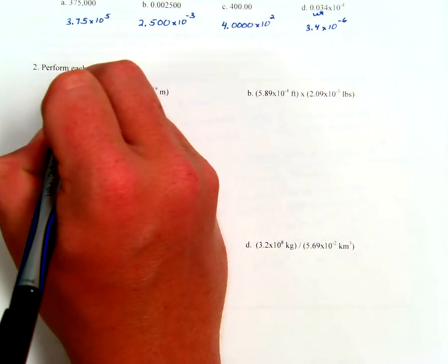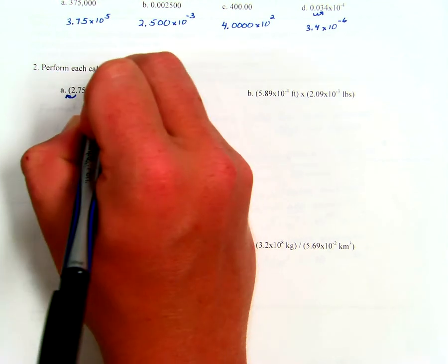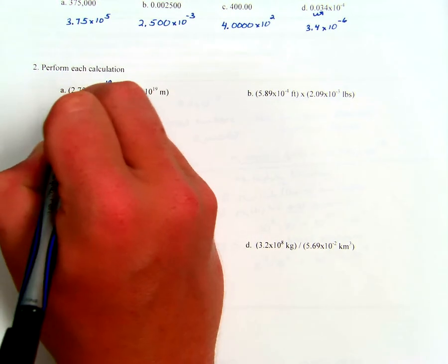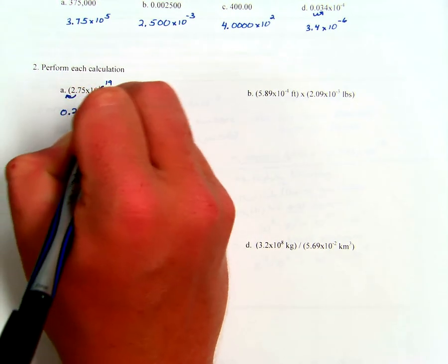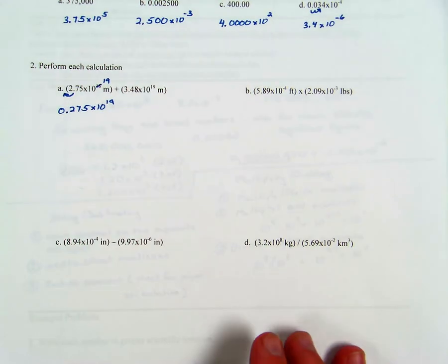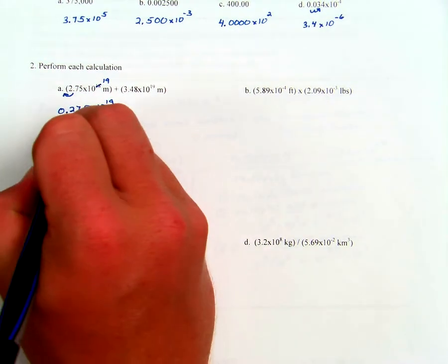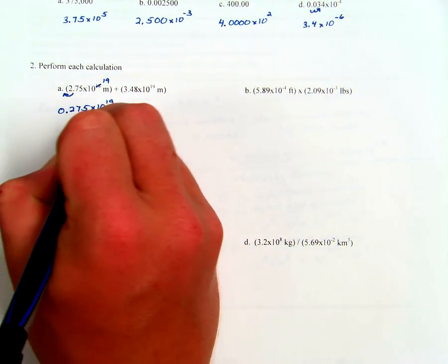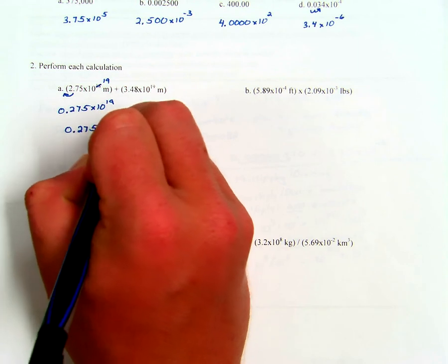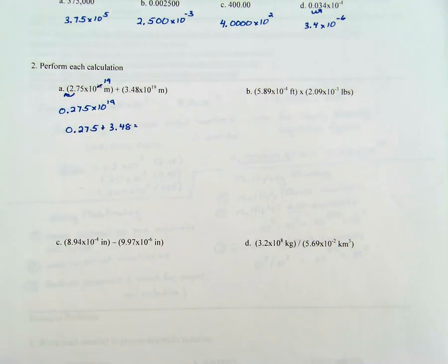Okay, so now I need to add the mantissas. 0.275 plus 3.48. That gives me 3.755. Don't forget to round for sig figs. Here I only have a sig fig to the hundredths place.